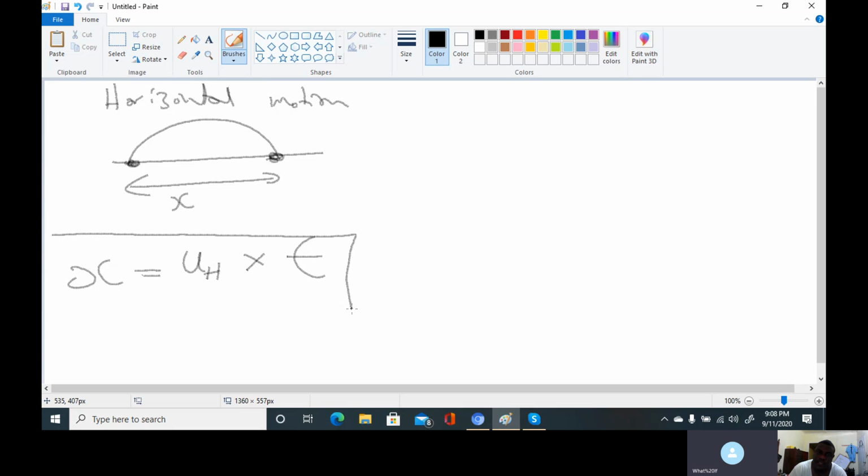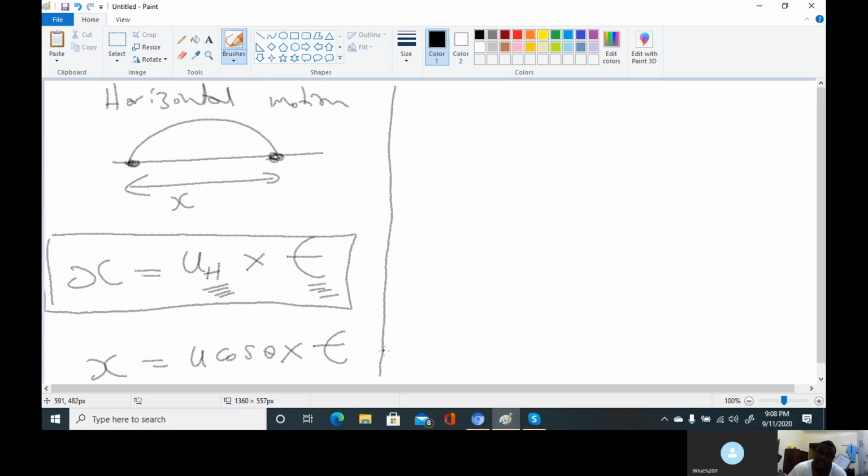And that's where we can stop. But we know that this t is the total flight time, and we have an expression for it. Remember, it's just u cos theta multiplied by the flight time.